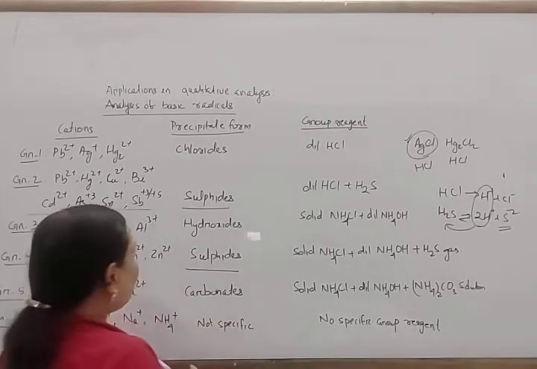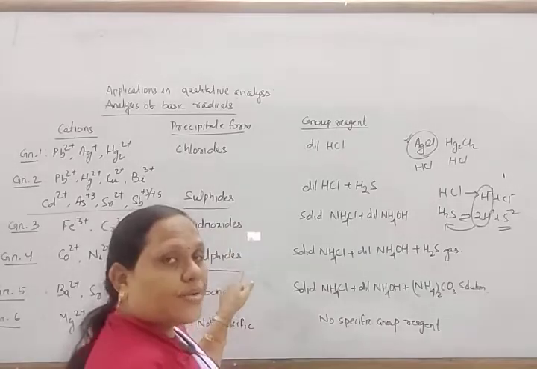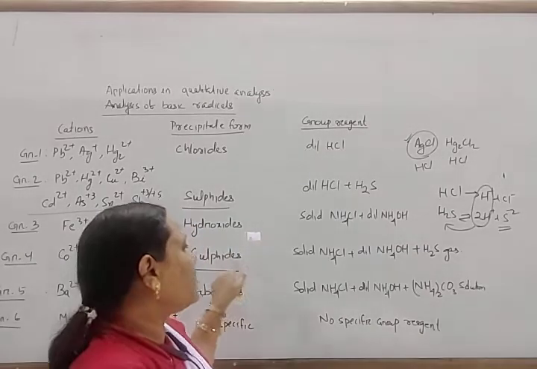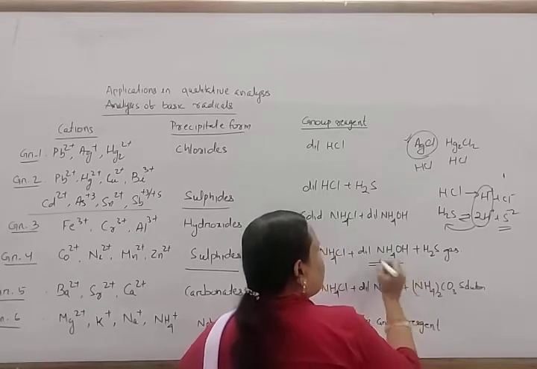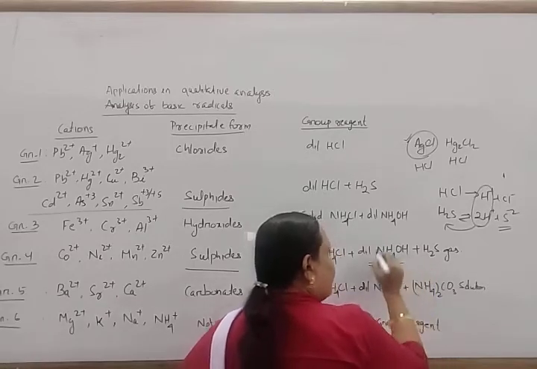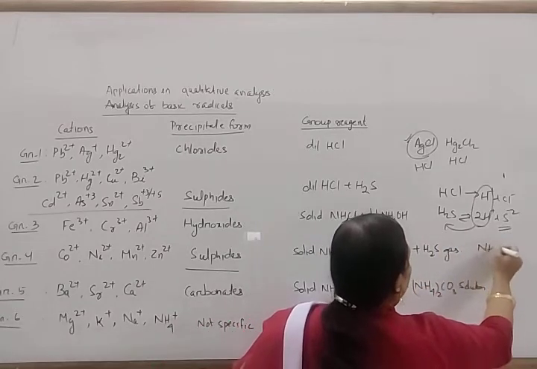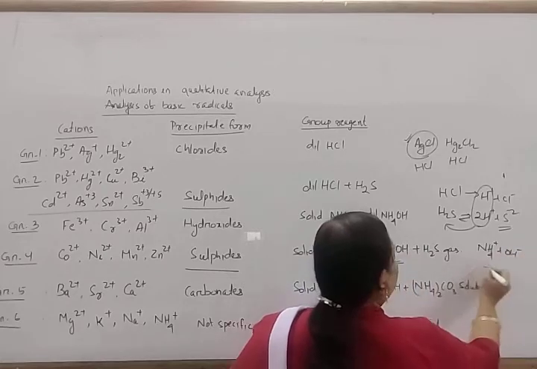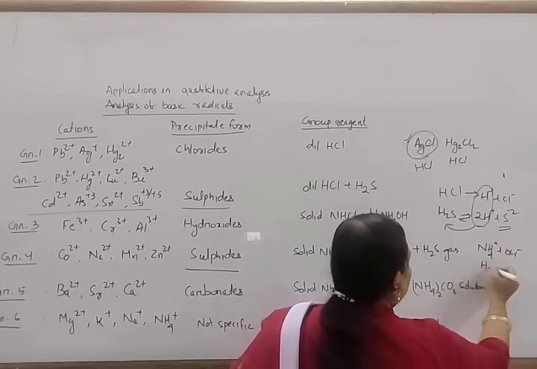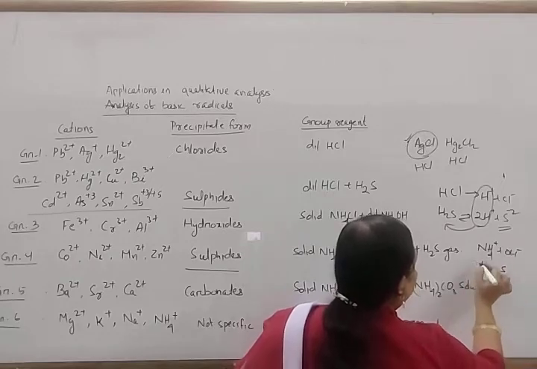But group 4 radicals have a high value of solubility product, so they require a high concentration of sulfide ion. In this case, the solution is made alkaline. Look here, NH4 plus OH minus is there, and H2S gives rise to 2H plus and S minus 2.